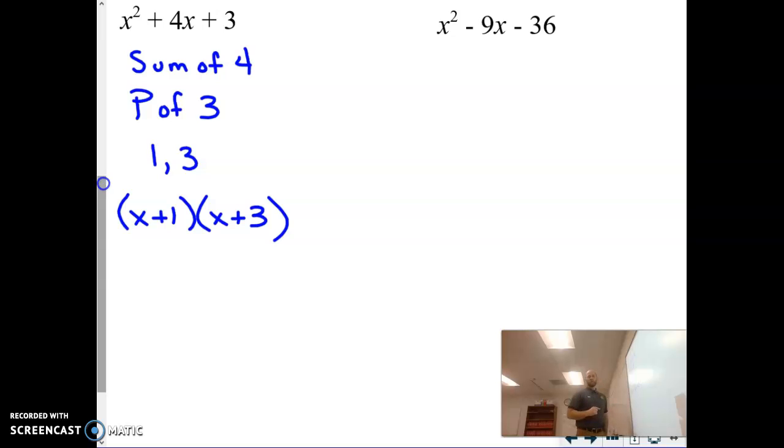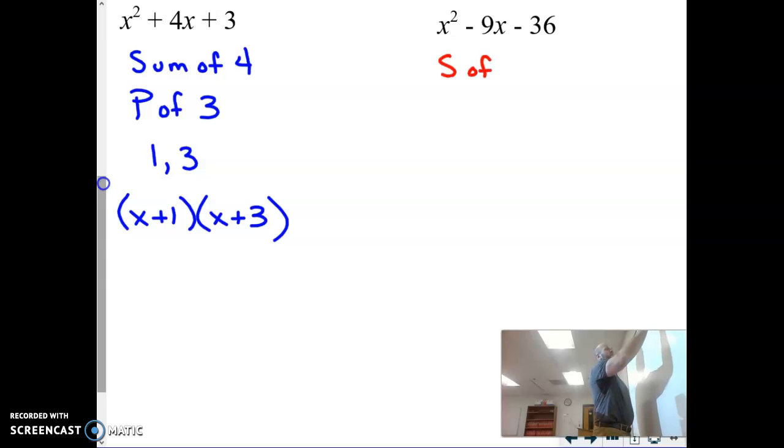And the last example that we see here is x squared minus 9x minus 36. Since the middle term is negative and the last term is negative, that tells us that the signs are going to be different, and on top of that, the negative term is going to be the larger of the values.